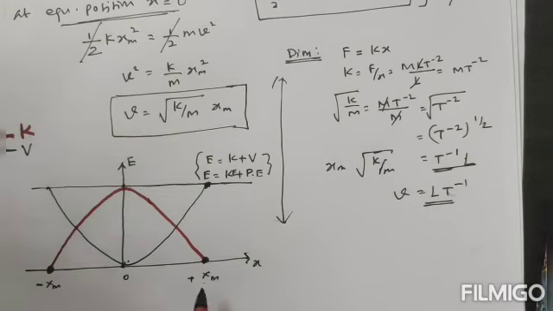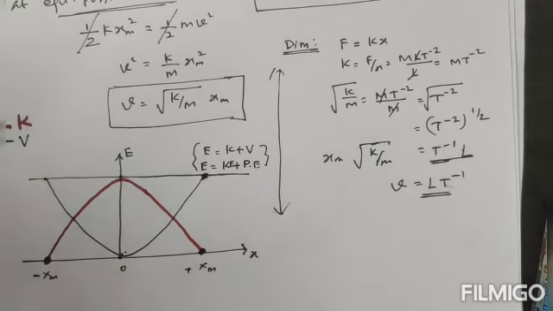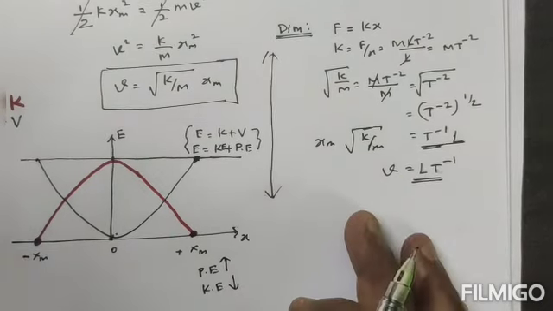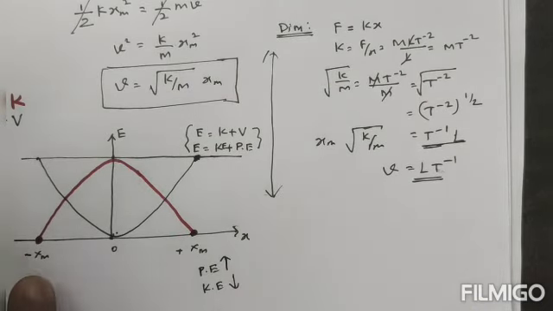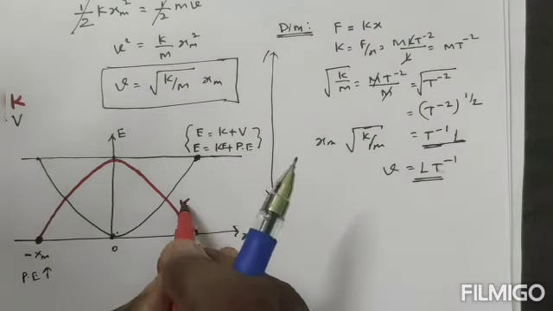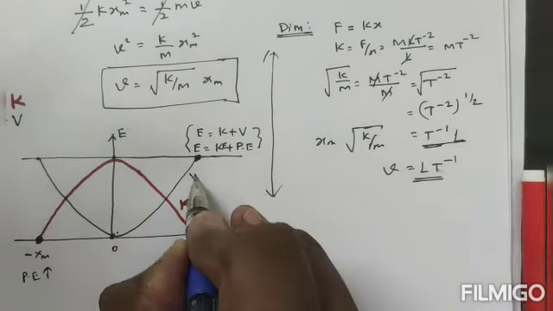Now we can say in the positive extreme side, potential energy is maximum and kinetic energy is 0 or minimum. In the opposite extreme point, here also potential energy is maximum. The red color is kinetic, this blue color is potential.